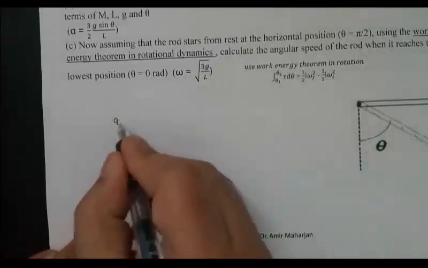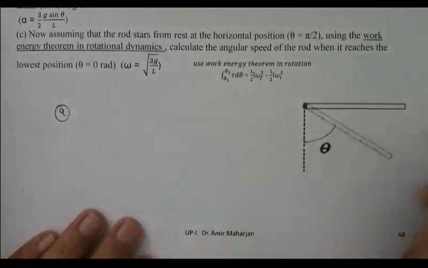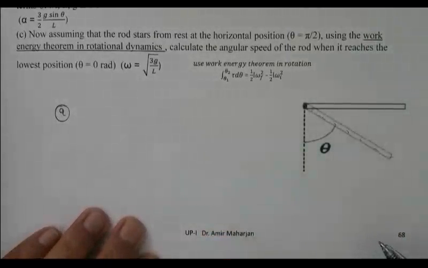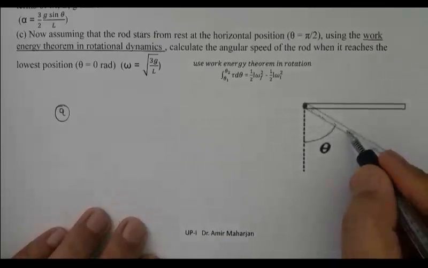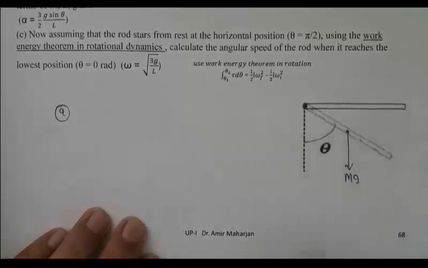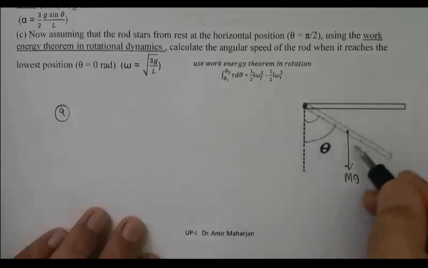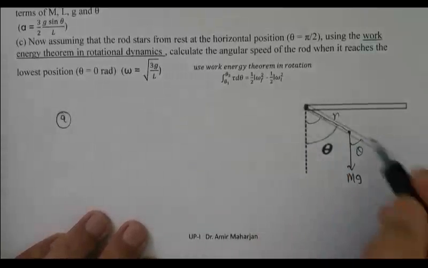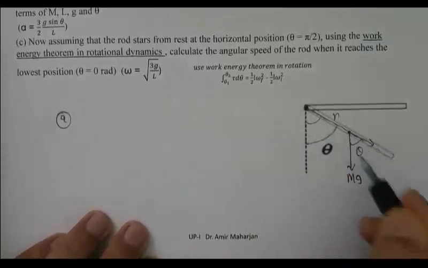That's the first part, and it's really easy, because the rod is a uniformly distributed mass, so the force of gravity acts right at the center of mass of the rod. If this is theta, and this is your position vector r, you just do r F sine theta.